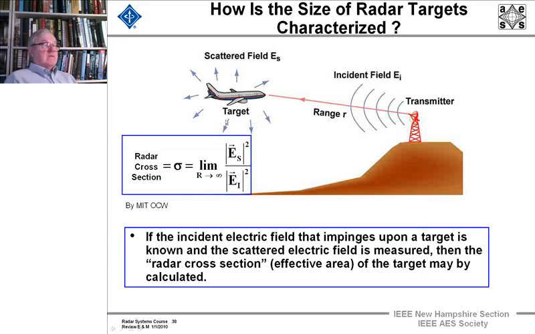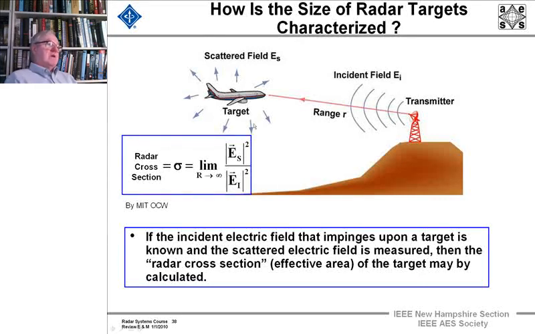It's the effective area, and you can see scattering coming off this complex target in many different directions. A radar designer is going to want to know where all the electric energy is going off, so you have to solve Maxwell's equations and find out where that scattering goes to get the cross-section in a given direction.